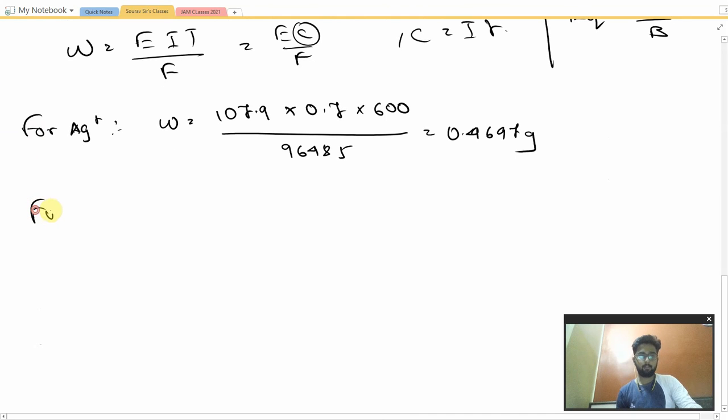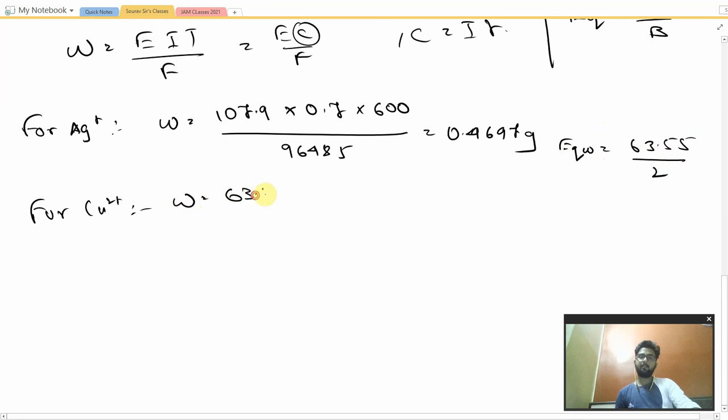Now for the copper system, let us calculate that. For Cu2+, W is equal to the equivalent weight, which is the original mass of Cu, given to be 63.55, divided by basicity 2. So here we'll have 63.55 into 0.7 into 600 divided by 2 into 96485.